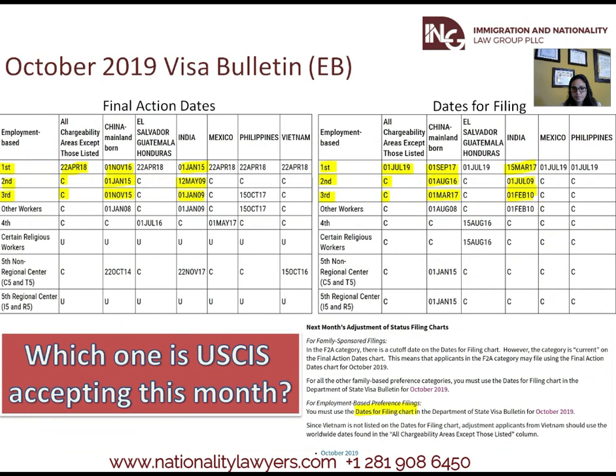So after explaining to you theoretically how the process works for the adjustment of status and the consular filing, those are the most important charts that you're going to have to refer to when making sure whether you're going to be able to either file for adjustment of status or consular filing, and whether the consulate, embassy, or even USCIS could process your actual green card.